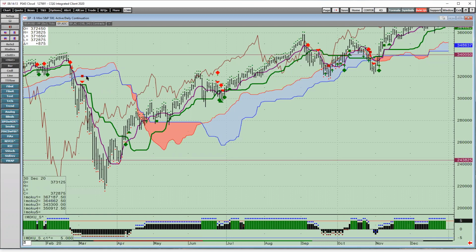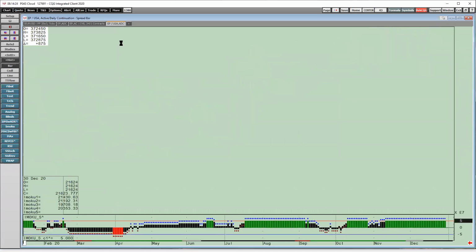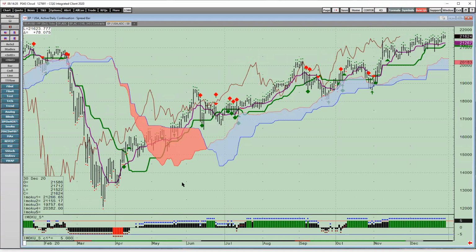And we can put up, let's just go over here, EP divided by USA. And you can see that the interpretation is there on the spread bar. It's exactly the same way it was on the individual EP.